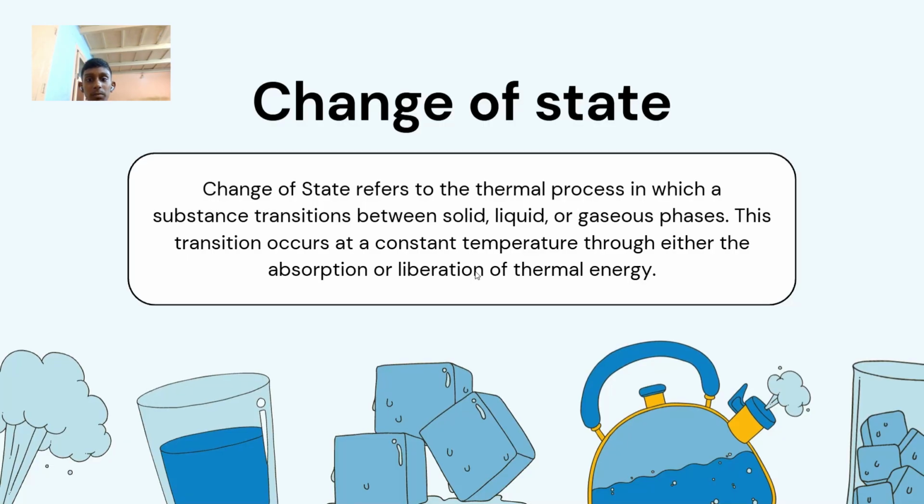Change of state refers to a thermal process in which a substance transitions between solid, liquid, or gaseous state. This transition occurs at a constant temperature, through the absorption or release of heat energy.